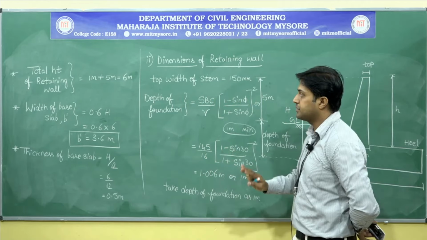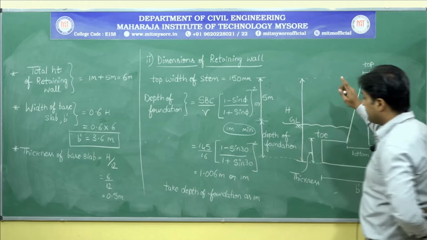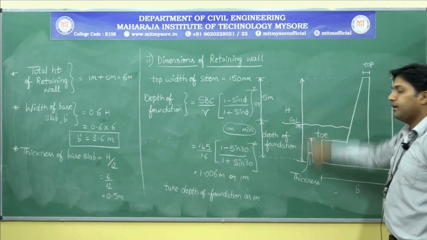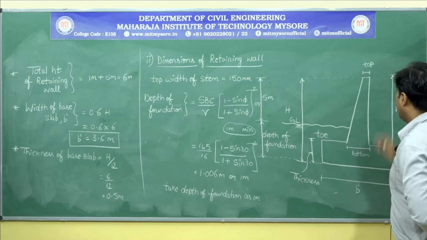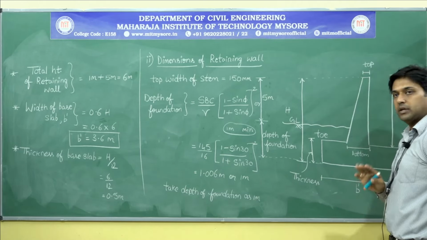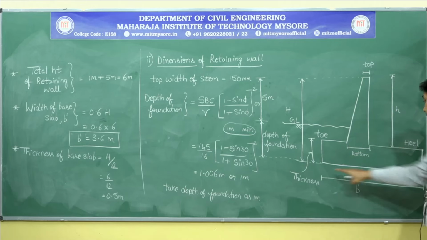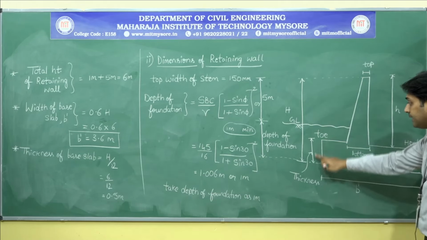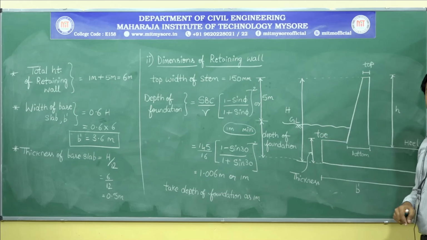Now what are all the things that we have calculated? I have calculated the total height of the retaining wall. Next, I have assumed the top width of the stem. Next, I have calculated the width of the base slab and the thickness of the base slab.